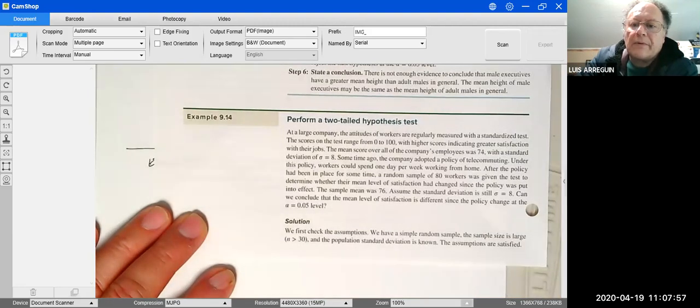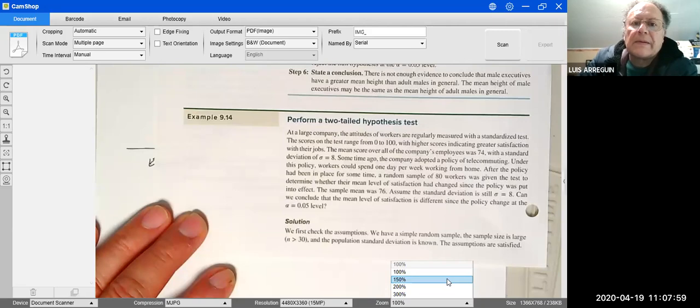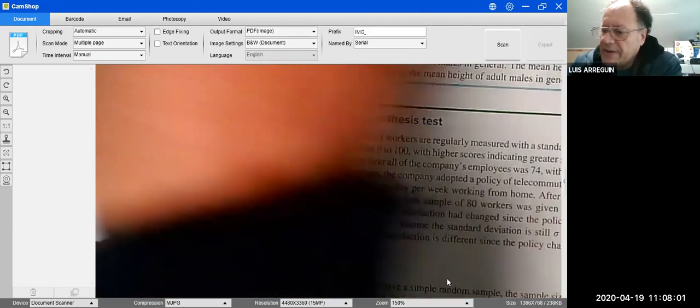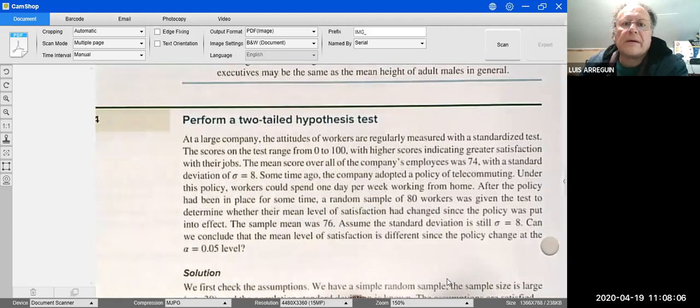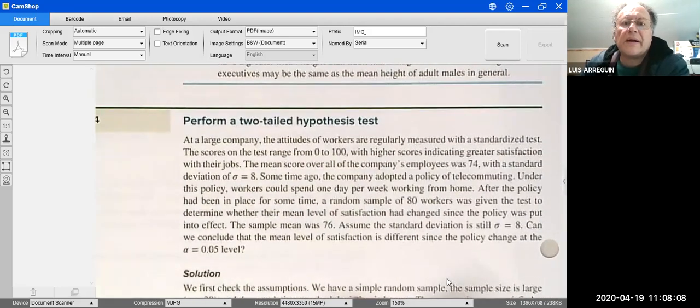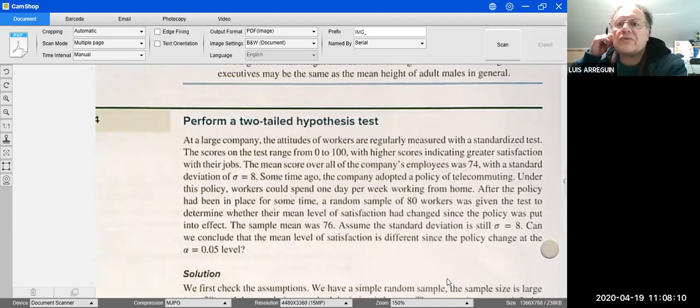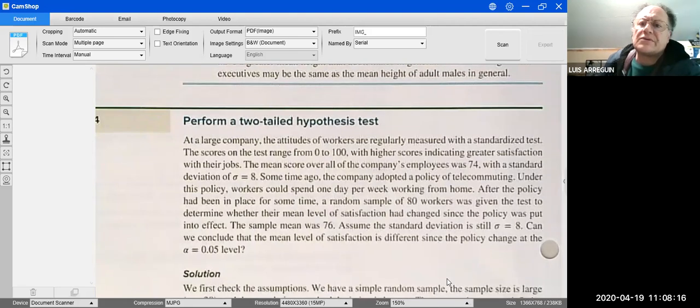The problem says that at a large company, the attitudes of workers are regularly measured with a standardized test. The scores on the test range from 0 to 100, with higher scores indicating greater satisfaction with their jobs.